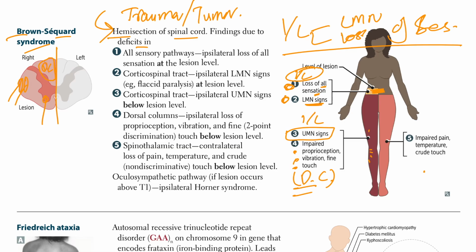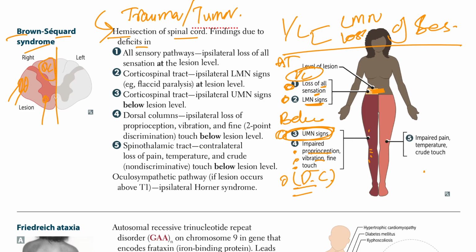Okay. On top of that, this is at the level, this is below, right? Below the level of injury, you are going to get upper motor neuron signs and impairment of the dorsal column, which gives impaired proprioception, vibration, and fine touch.